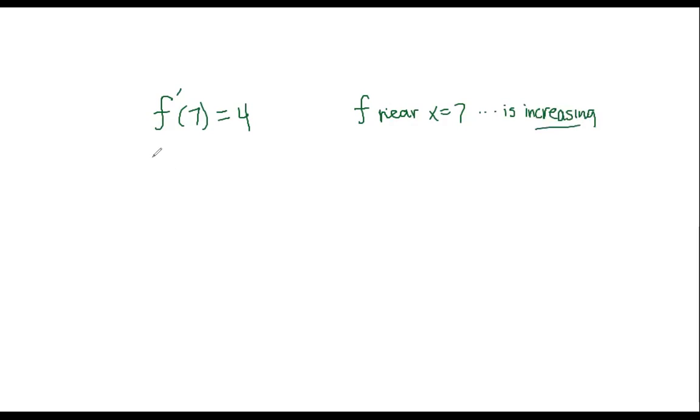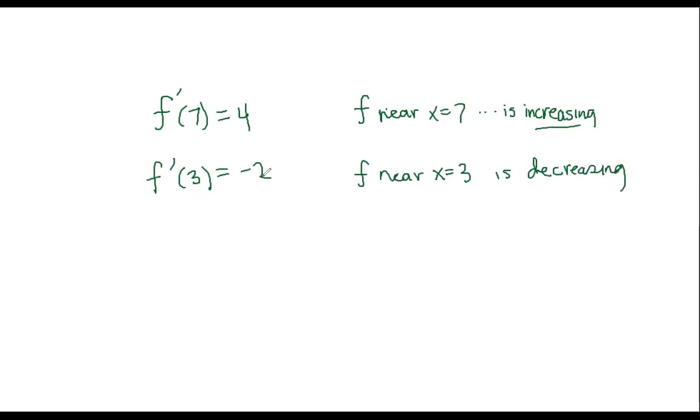So if I said f prime of 3 is -2, I know that in the graph of function f around x equals 3, it would be decreasing.